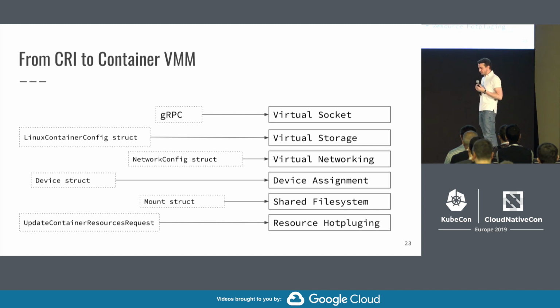When you're running it inside a virtual machine, it's much more difficult. And to do that, you're going to need virtual storage. Another obvious requirement is networking. CRI specifies that you may need a networking endpoint with your container. That's fairly typical, so you're going to need virtual networking as well. There are a few other interesting requirements, like the device structure inside the CRI specification.